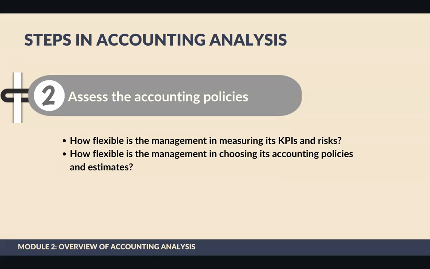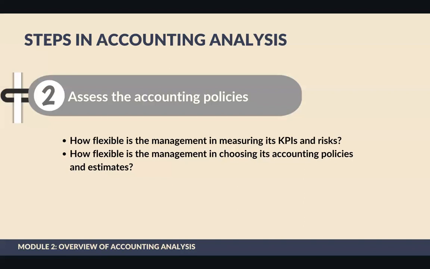How flexible is the management in choosing accounting policies and estimates? Meaning, are they lenient in saying that a KPI has been achieved, or are they lenient in identifying the risks that surround their business?